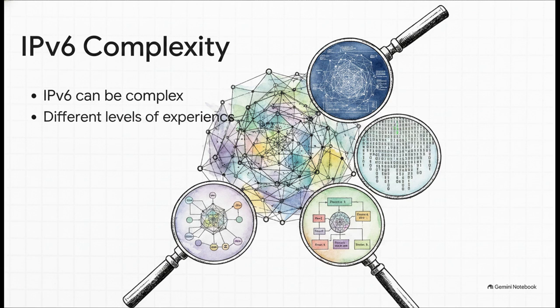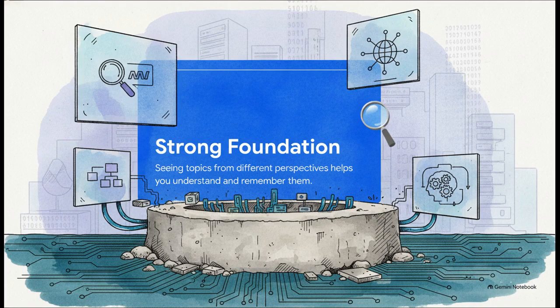Basically, if one explanation just doesn't resonate with your specific IT background, the next one absolutely will. Seeing these topics from all those different perspectives is what helps you genuinely understand and remember them. This multi-angled approach builds a rock-solid foundation, making sure the advanced troubleshooting modules later in the course actually feel easy to follow, rather than feeling like you're trying to translate a foreign language.